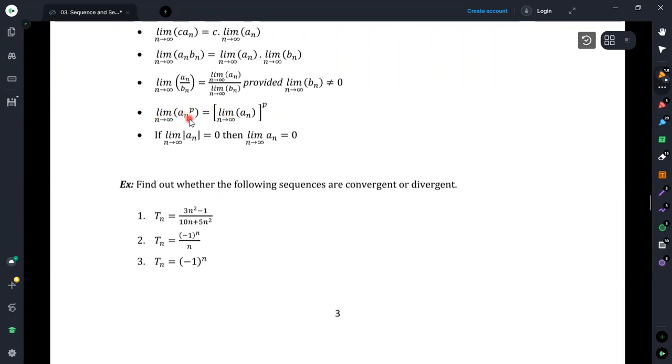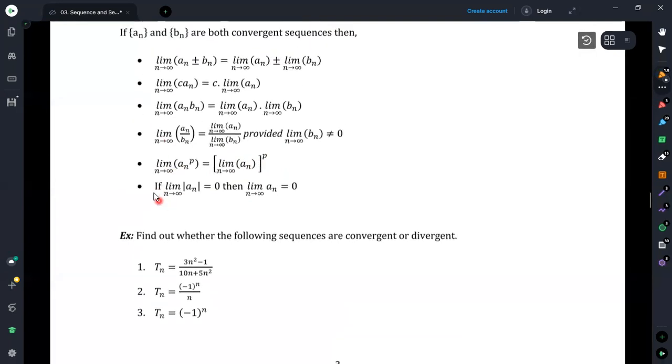The limit of an to the power p as n goes to infinity can be written as the limit of an as n goes to infinity, raised to the power p. Therefore, we get a finite value, and the pth power of any finite value is again a finite value. Therefore, the new sequence is also a convergent sequence.